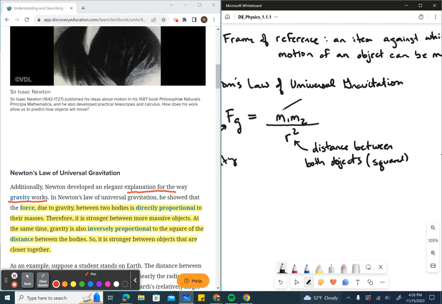And this is the mass in kilograms of object 1 and 2, and you would multiply those. There is also a gravitational constant that you'd have to multiply all of that times as well. We're going to get to that in just a minute. But that's basically what that paragraph says there.